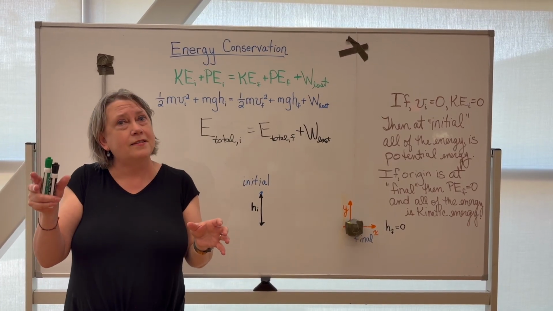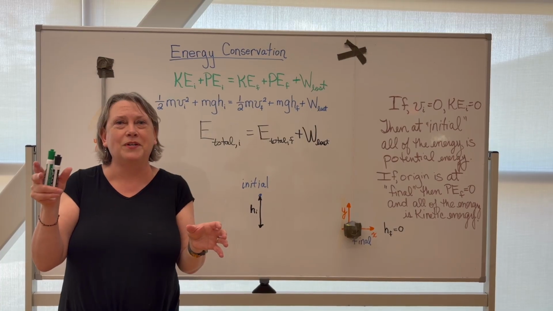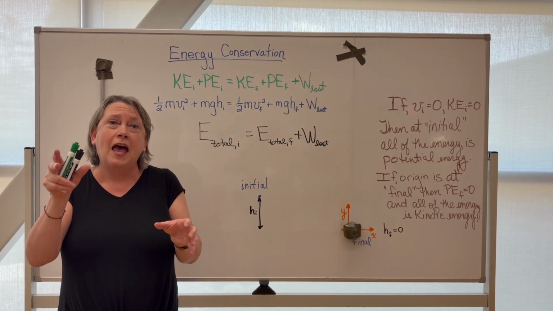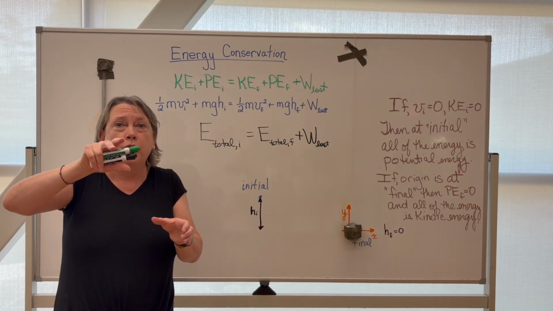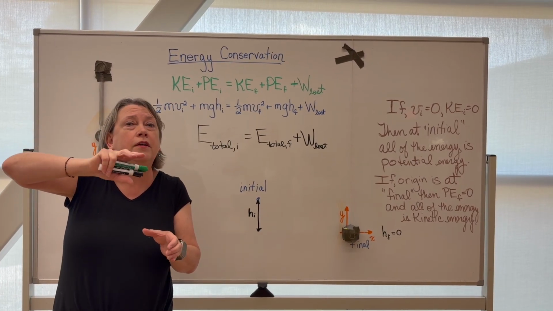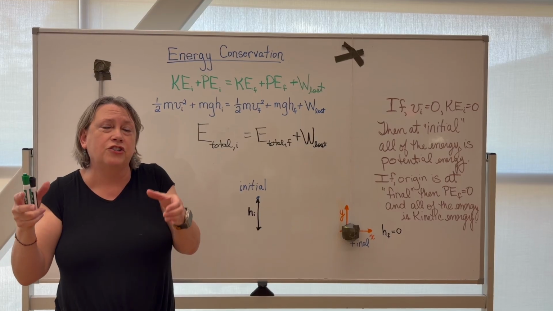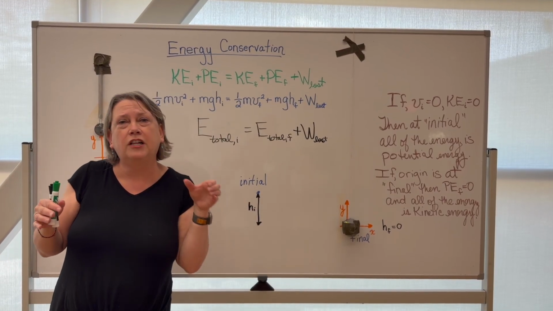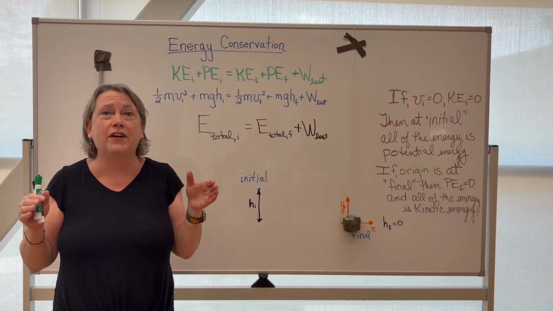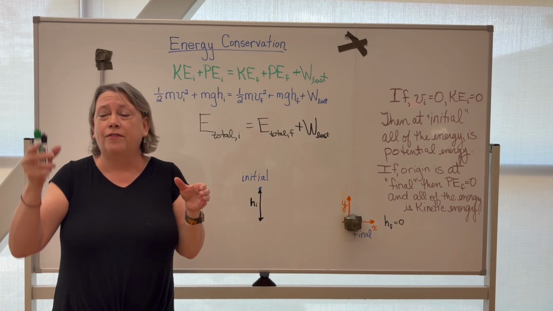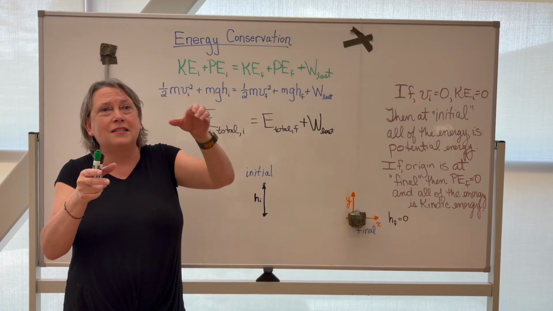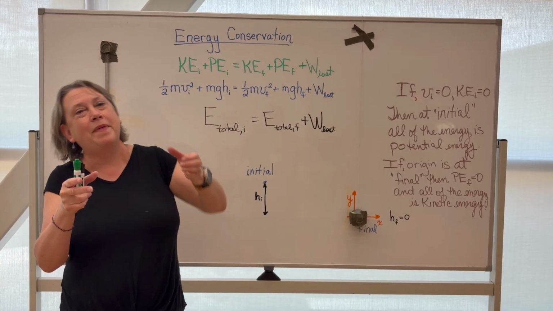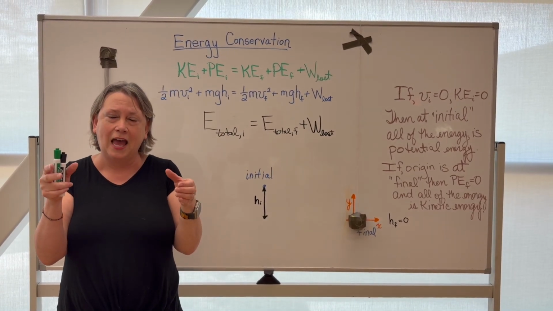So the kinetic energy glass is full. And as the projectile is shot up, the water gets poured from the kinetic energy glass to the potential energy glass. When the projectile is at the very top, we have no kinetic, all potential. And then on the way back down, we pour it back into the kinetic energy glass again.